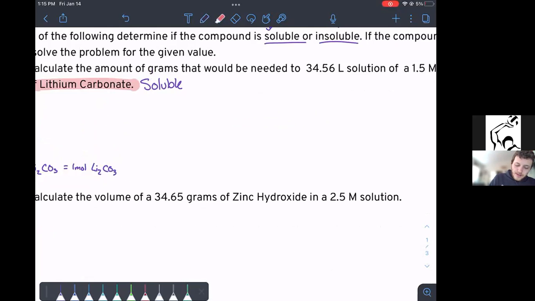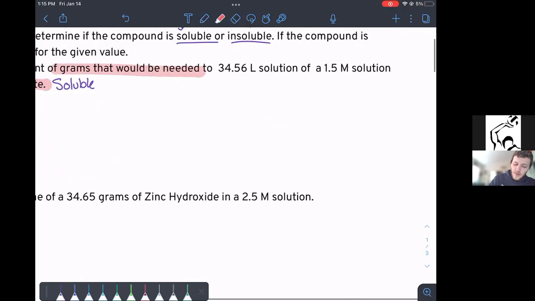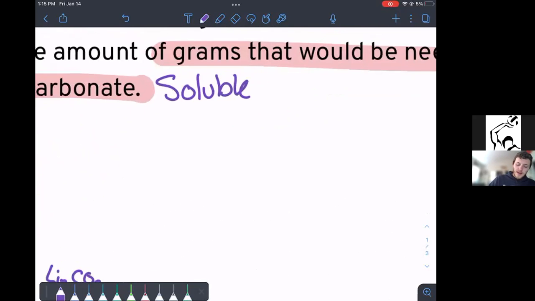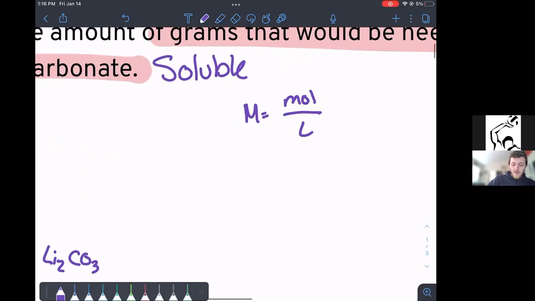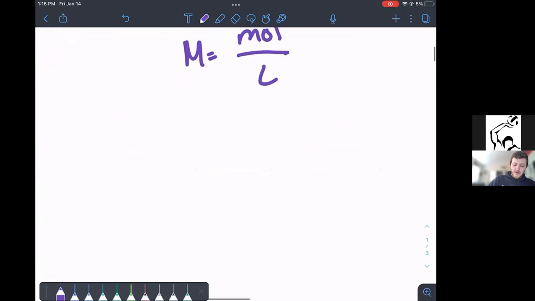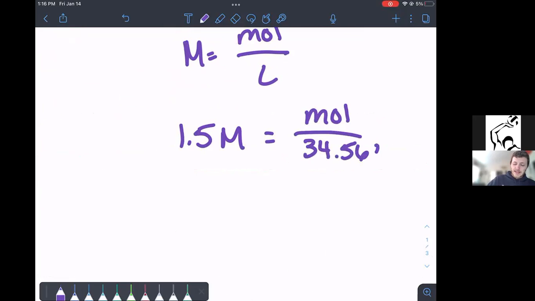Now it tells us that we're going to find the number of grams. We were given an amount of liquid, a liter amount, and we're given a molarity. So we can go ahead and use our molarity equation. So molarity equals moles over liters. So we have 1.5, sorry. We have a 1.5 molar solution equal to the number of moles divided by 34.56 liters.